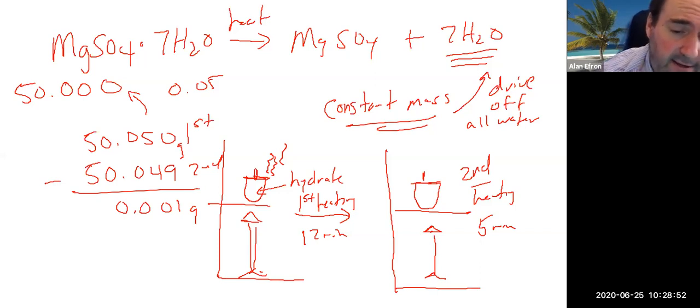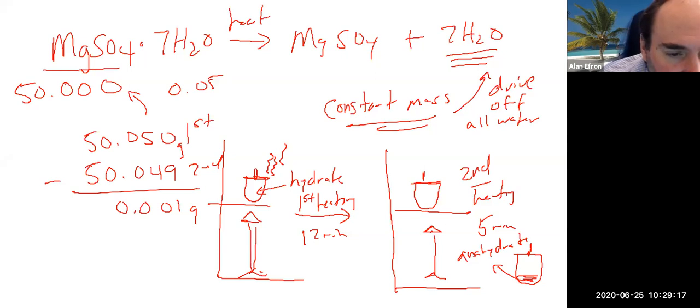So we're going to say here, just like in the video, I think that the second heating, we hit constant mass, which means after the second heating, what you have left in your crucible at that point is the anhydrate.